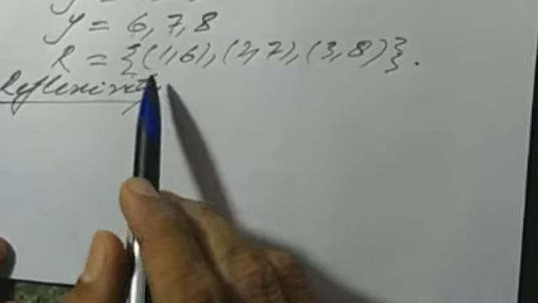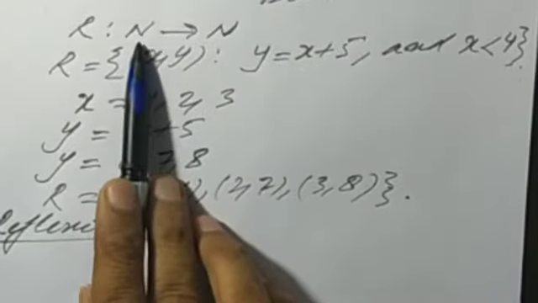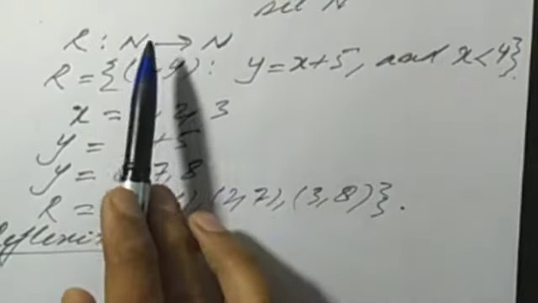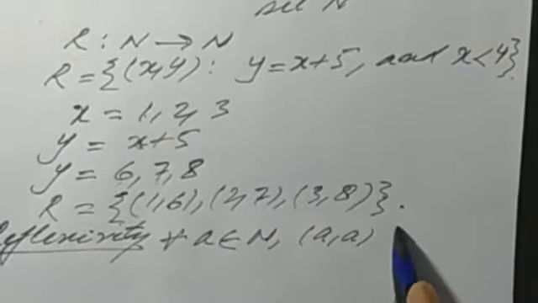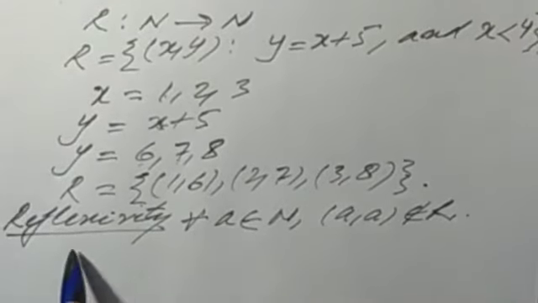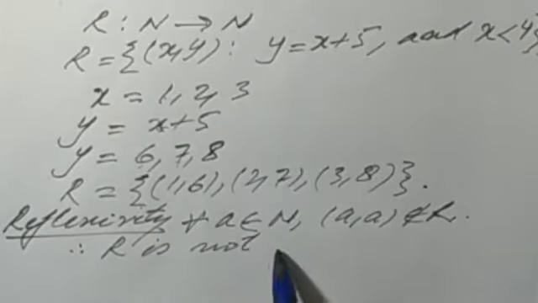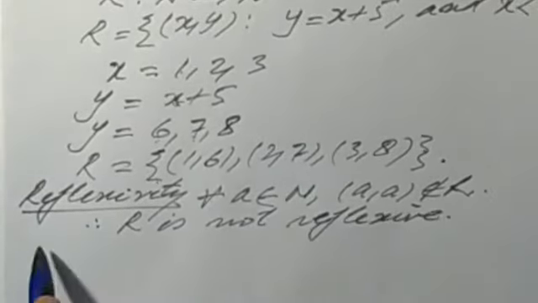Since every element of the domain, that is the set of all natural numbers, is not related to itself, that is, there is no (1, 1), (2, 2), (3, 3), (4, 4) and so on, we may write that for arbitrary a belonging to N, (a, a) does not belong to R. So R is not reflexive. Now let us talk about symmetry.